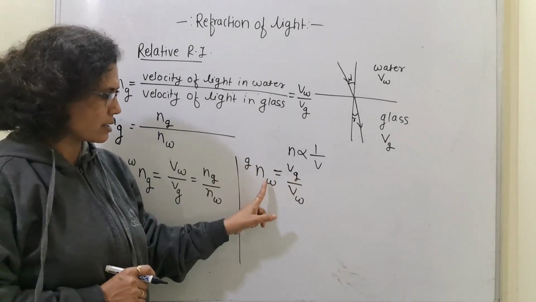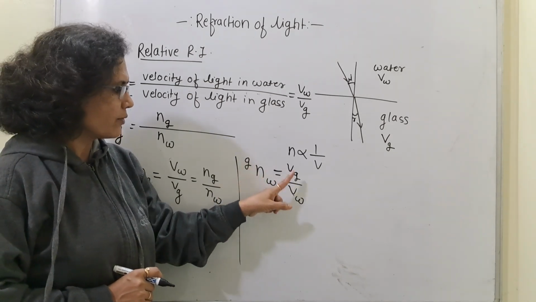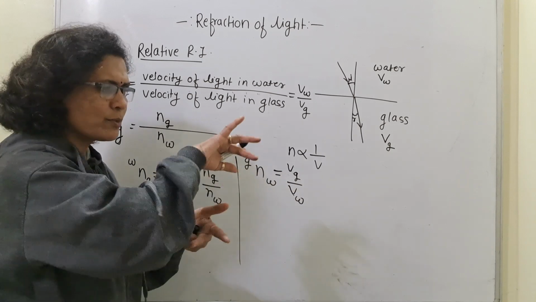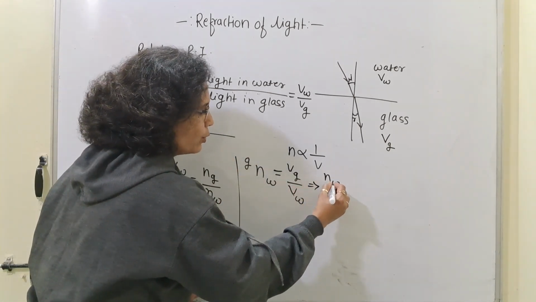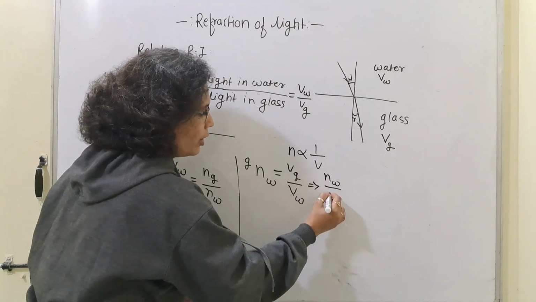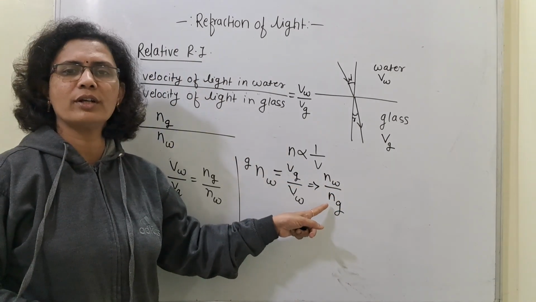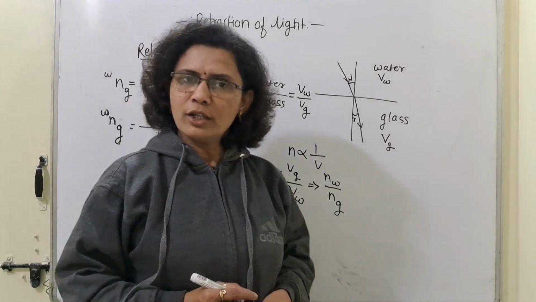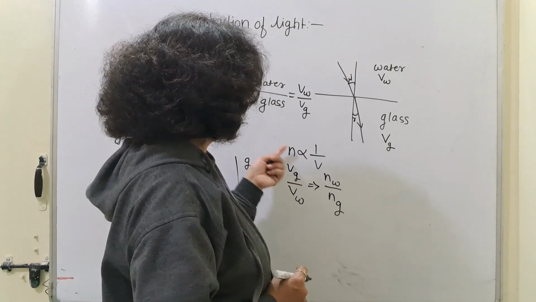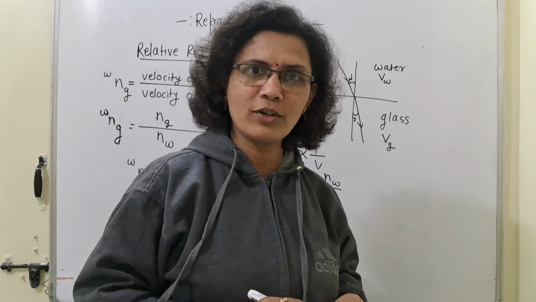Glass, glass. Water, water. Velocity of glass divided by velocity of water. In terms of refractive index, it will be inverse. That is Nw upon Ng. Refractive index of water divided by refractive index of glass. So, you have understood the concept of relative refractive index and previous, that is absolute refractive index.